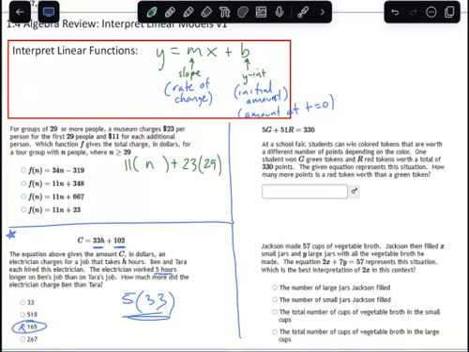Let's say n was 29, or let's say n was 30. If there were 30 people here, it's $23 per person for the first 29. How many more people are there after the 29? Just one more, right? So that means that you're paying 23 times 29 plus 11 times just one more person beyond that 29.